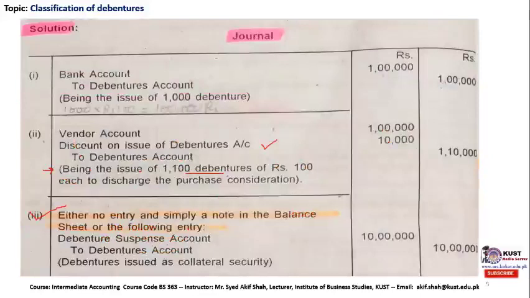If we would like to journalize the case, we can debit the debenture suspense account by 1 million rupees and credit the debenture account, which is the liability of the company, with the same amount, with the shortest narration, debentures issued as collateral securities. We have not reflected this entry in the balance sheet because the question did not ask us to reflect the impact of the debenture suspense account and debenture account in the balance sheet of the company.